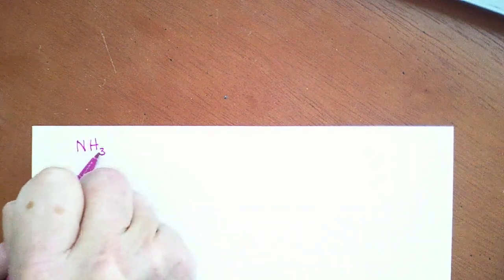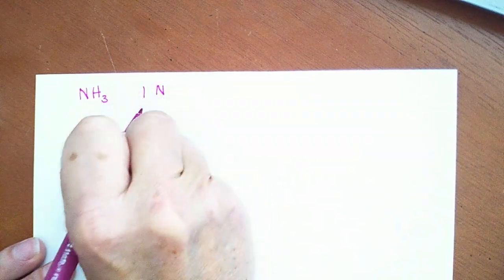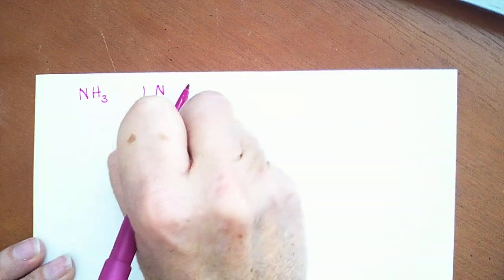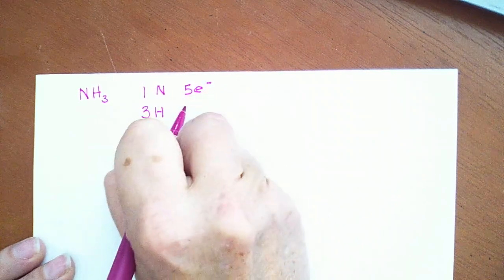All right, so I'm going to use the same instructions, and I'm going to look at ammonia, which is NH3. The first thing I'm going to do is count up my electrons. I have 1 nitrogen and 3 hydrogens. My 1 nitrogen has 5 valence electrons, and my 3 hydrogens give me 3 electrons.